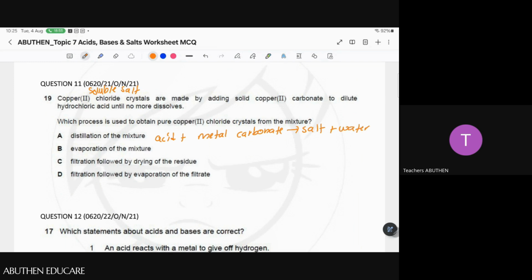And don't forget, when there is carbonate, there is CO2, so one more, you have carbon dioxide. Which method are you using to get a pure copper 2 chloride crystal from the mixture? Copper 2 chloride is a soluble salt, so the soluble salt is going to be the filtrate. So you have to filter and then evaporate the filtrate.